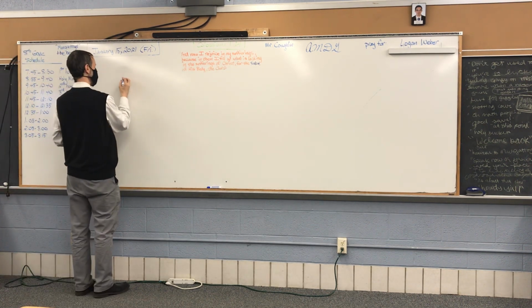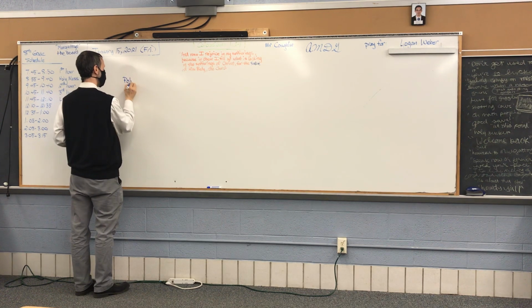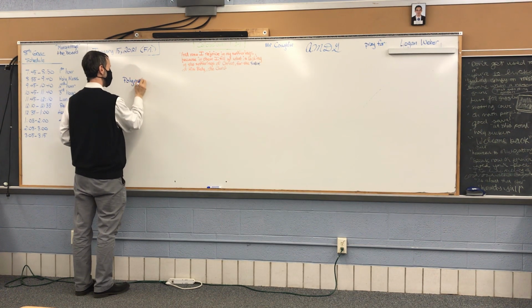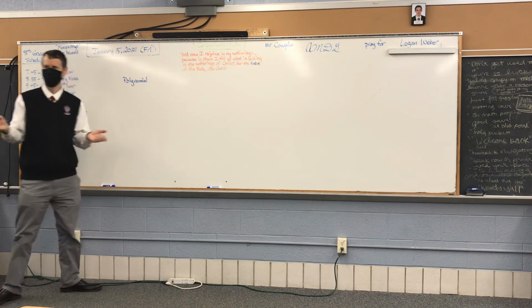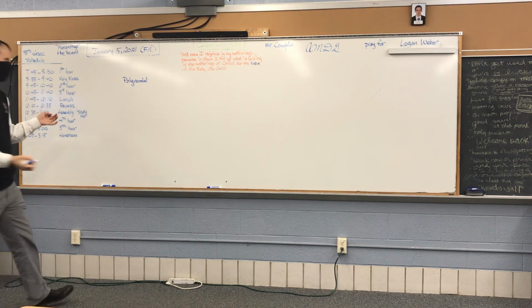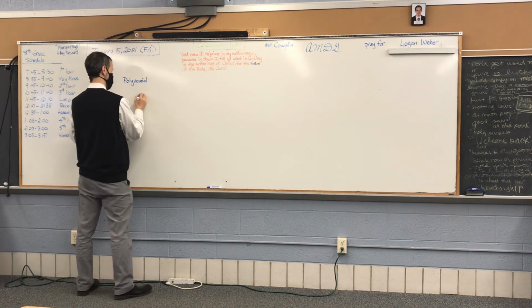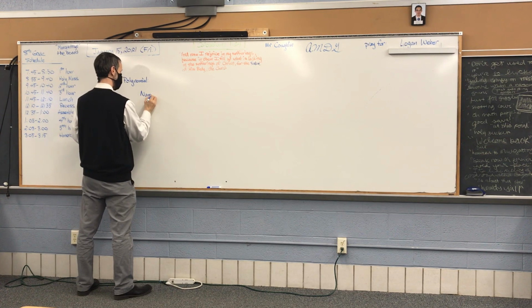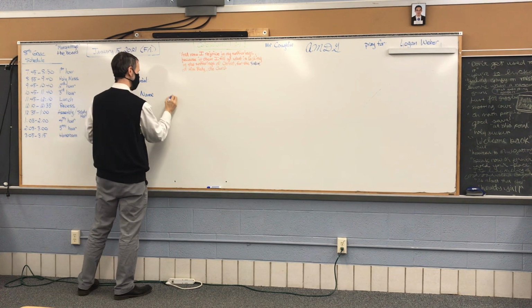So, if you have a polynomial, you can have different names depending on at least two different things: first the name, and then the degree.